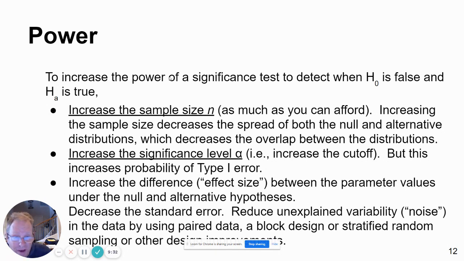Increasing the sample size decreases the spread of both the null and alternative distributions. So on my previous slide, the orange distribution gets skinny and the blue distribution gets skinny as well. So increasing the sample size decreases the spread of both the null and the alternative distribution, which decreases the overlap between these distributions.